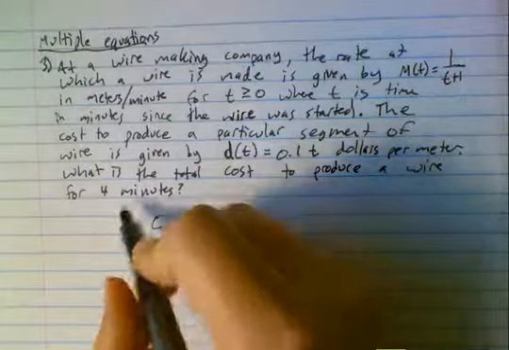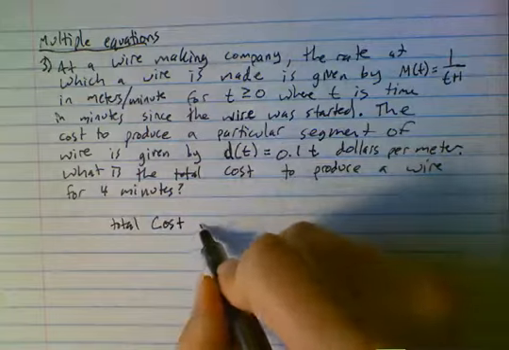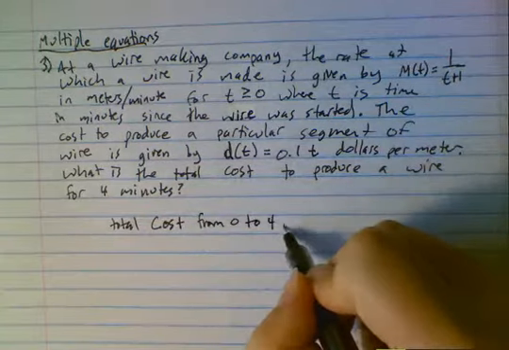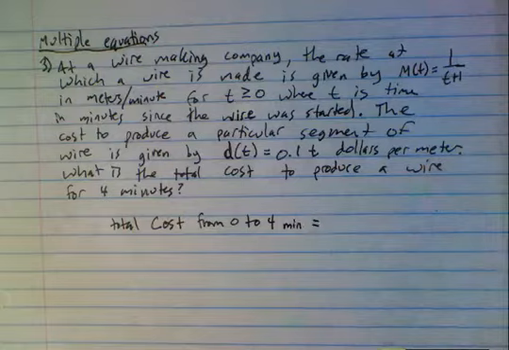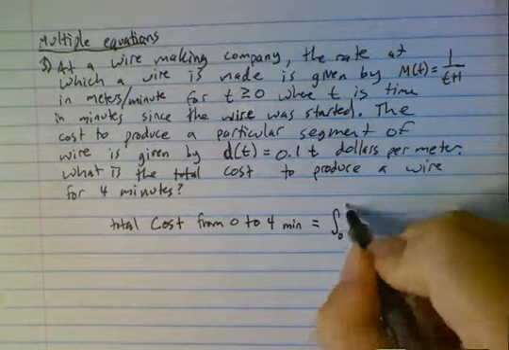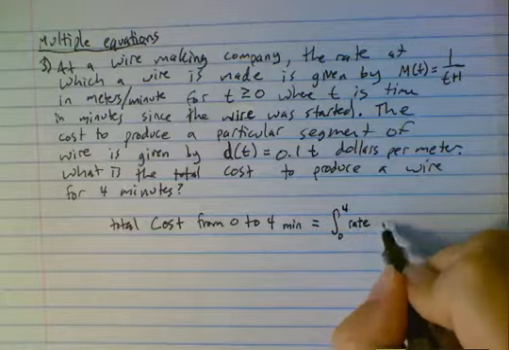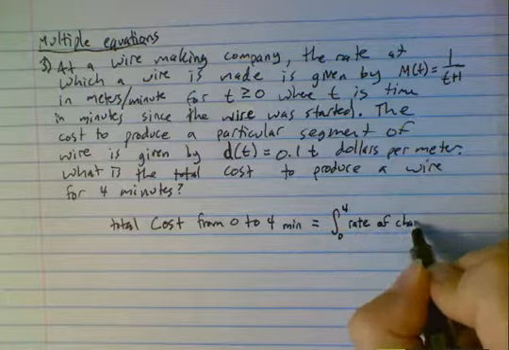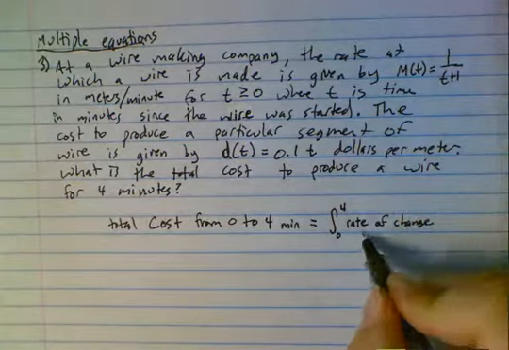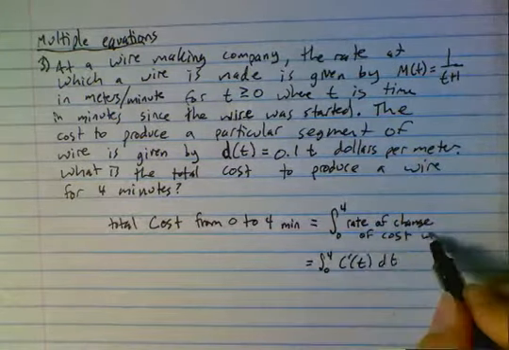So total cost is going to be the integral from 0 to 4 of the rate of change of cost, let's call it C prime, with respect to time.